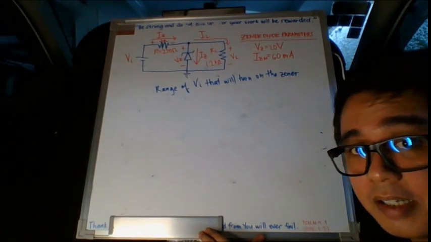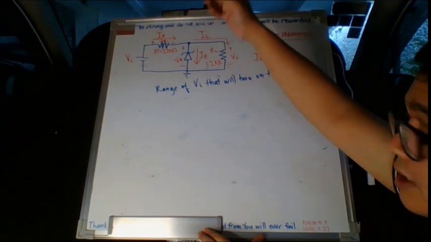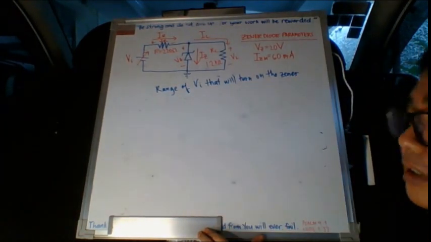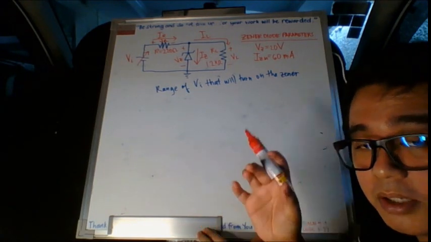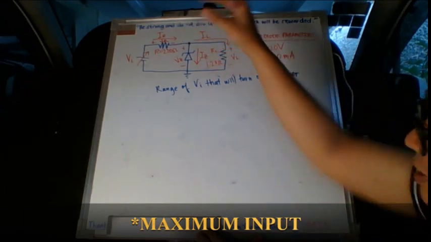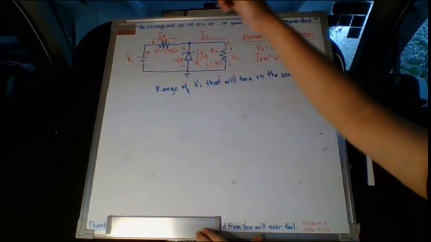Proceed naman tayo sa next example natin. We have the same components, pero this time yung ating input voltage is now variable. So meron tayong minimum input at meron din tayong maximum output para makapag-regulate yung ating Zener diode. Here are the parameters.